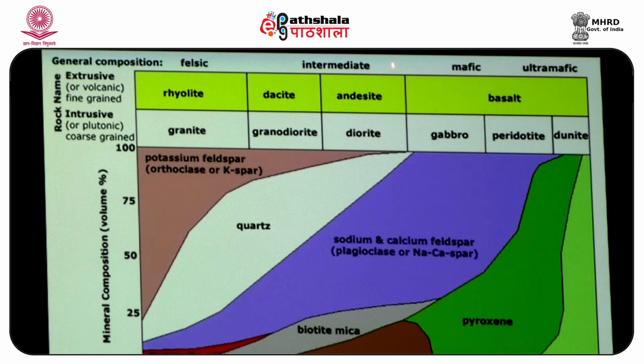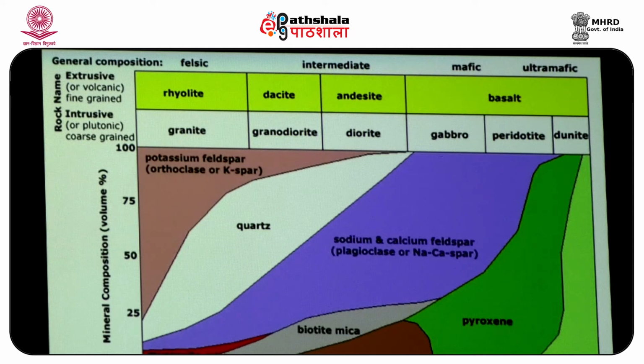So, what you see is that, approximately this side of the diagram, we have more mafic minerals, magnesium and iron rich, and here you have more calcium rich feldspar. When you come to this side of the diagram, you have quartz, which is silica, as I told you, that it will be more rich in the different rock types.